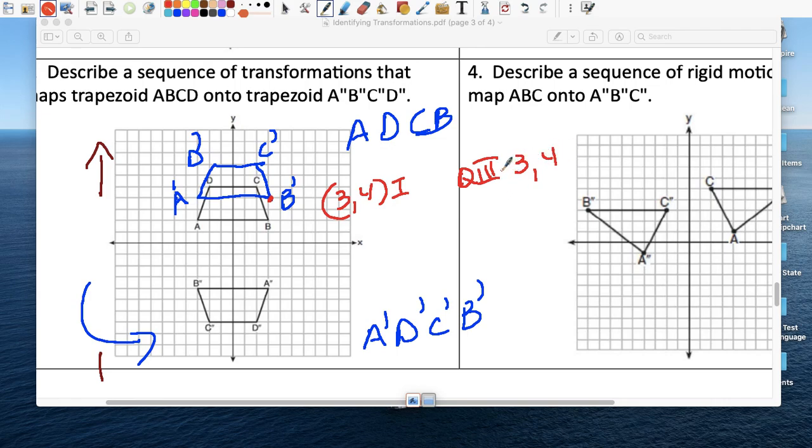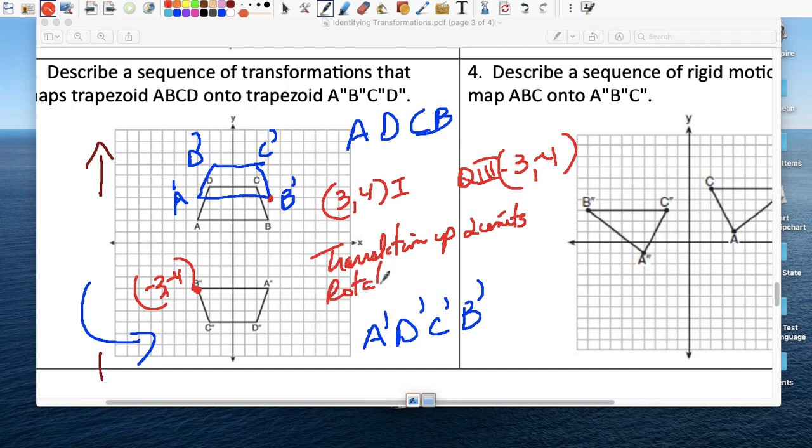But in quadrant 3, everybody's negative. Is that where B is? Look, 1, 2, 3, and then 1, 2, 3, 4. B is at negative 3, negative 4. So this works out. So this is a translation up 2 units, and then a rotation of 180 degrees.